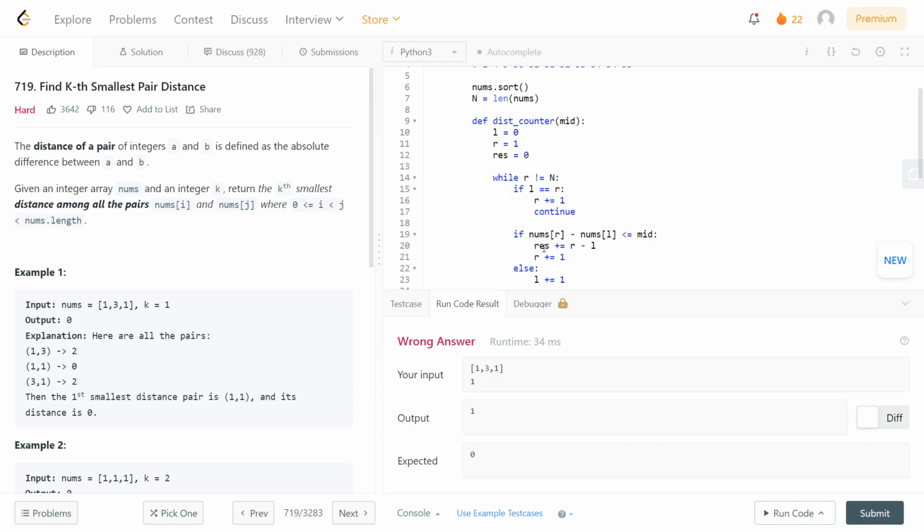Then we increased res by 1. So this was 1 and 3.